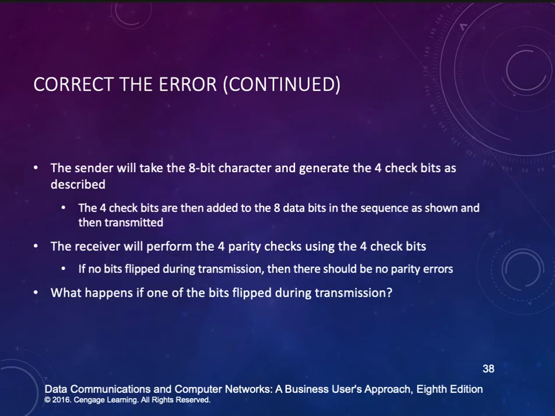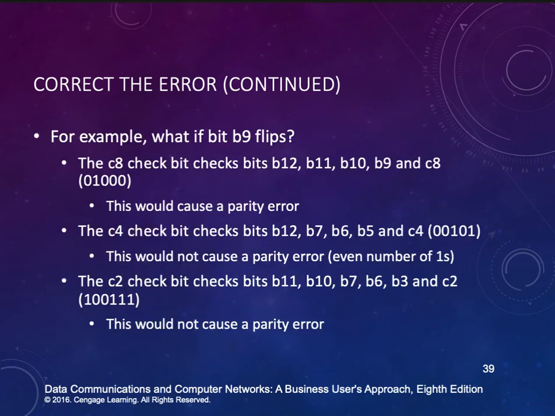So the sender will take the 8 bits and generate 4 check bits, like we saw in the diagram previously. So here C8 checks bits 12, 11, 10, 9, 8. This would cause a parity error.